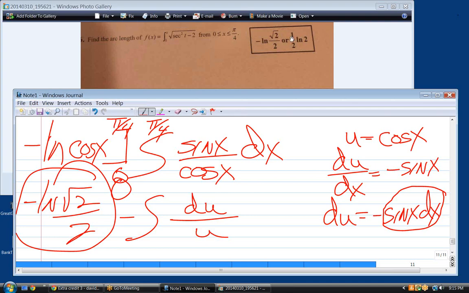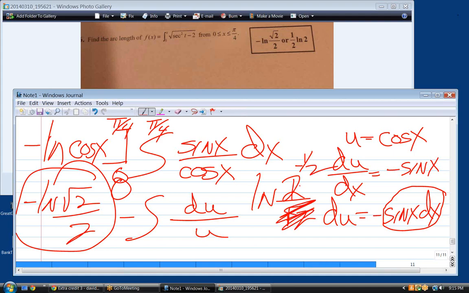Now, she said the answer was this. Do you see why both of these are the same answer? Natural log of root 2 over 2 is the same as natural log of 1 over root 2, or the natural log of 2 to the minus 1/2.